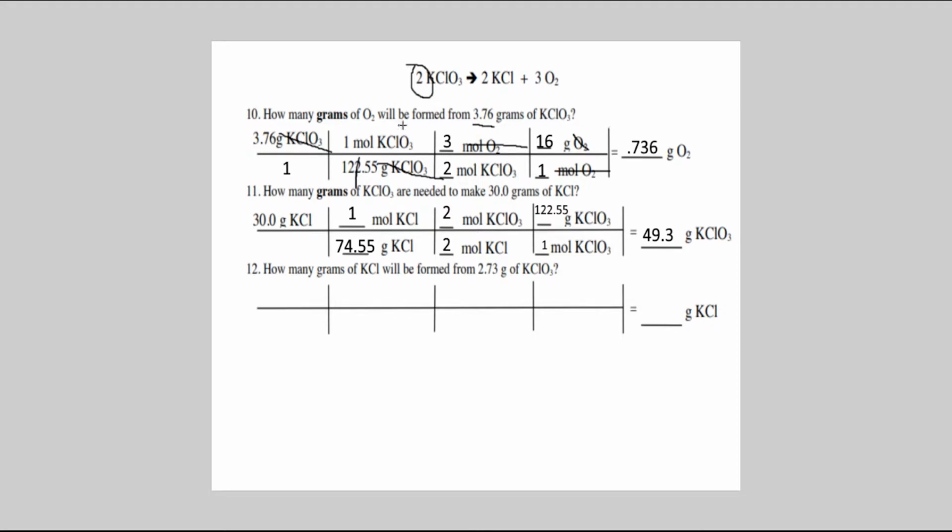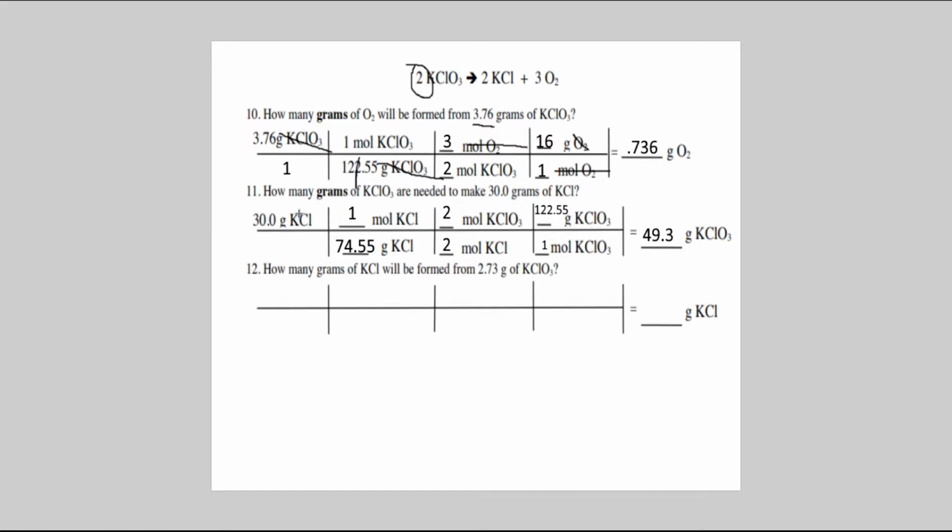So this top number divided by this bottom number, which is 122.55 grams times 2, and divide it by the number you get from up top as well, and you get this. Then now we will be looking for this, which is the same thing.